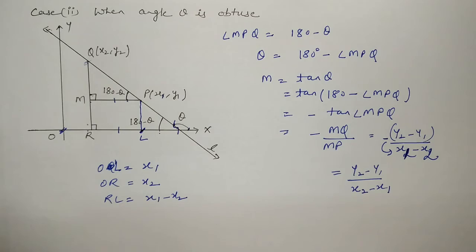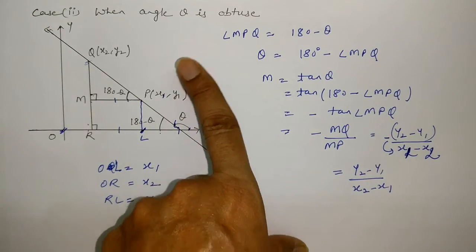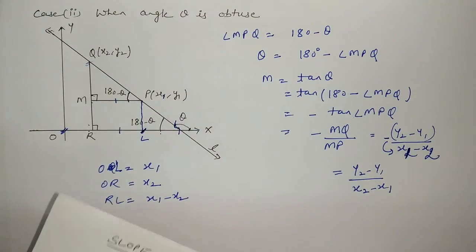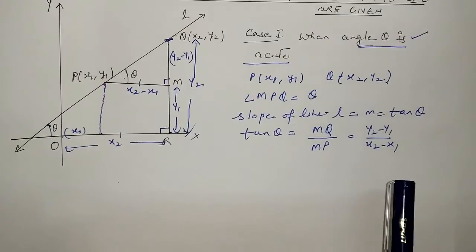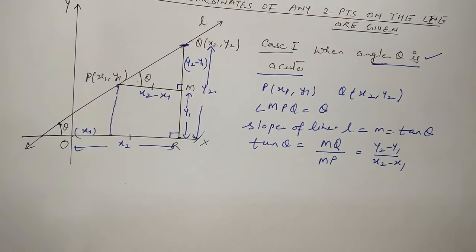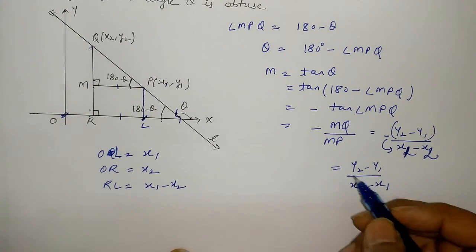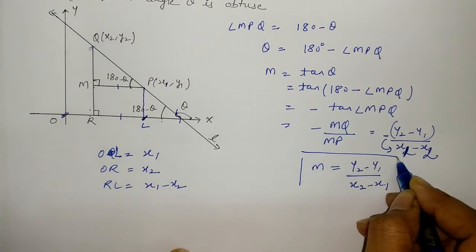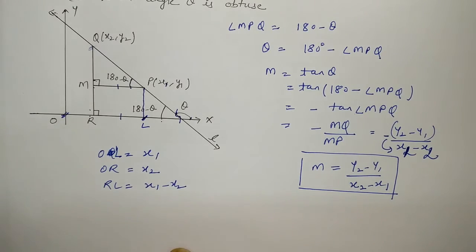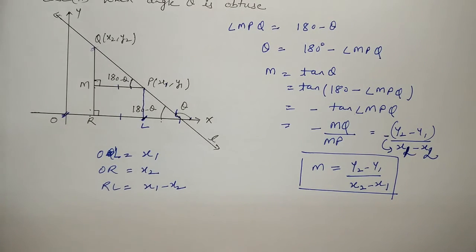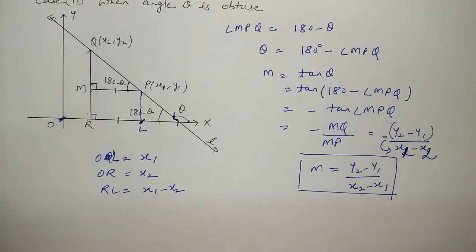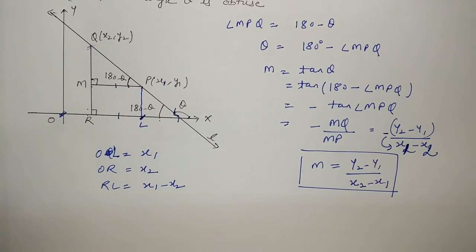So you can see whether the line forms an obtuse angle or an acute angle, the slope behaves in a similar way. The slope in both cases is y2 minus y1 upon x2 minus x1, irrespective of the angle it makes with the positive direction of the x-axis.